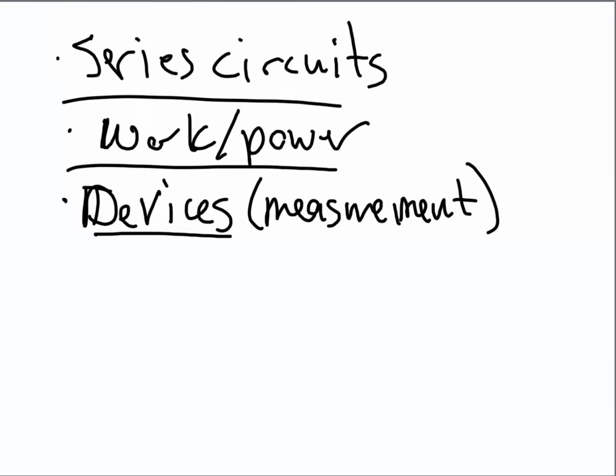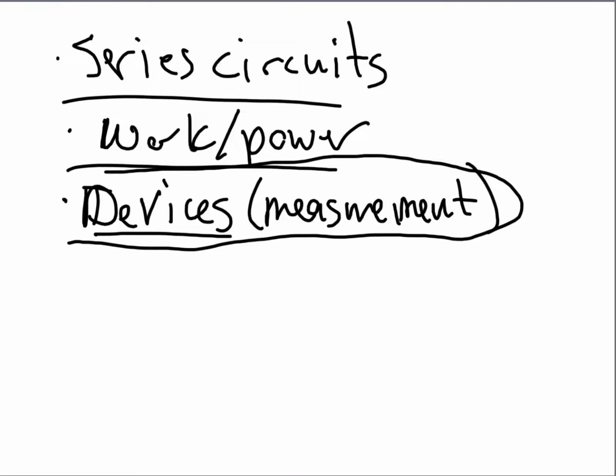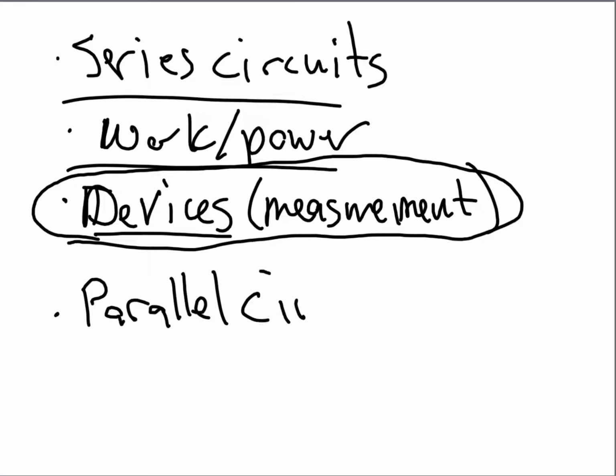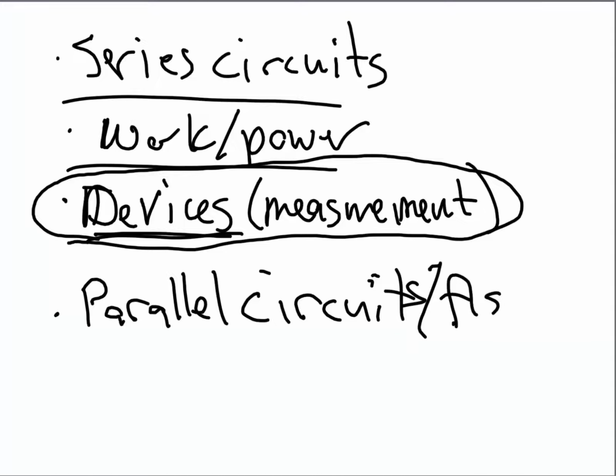I know I mentioned them briefly in my lesson about series circuits, but we're going to talk about them in more detail. This one, there won't be an assignment necessarily for it. I'm just putting it out there so that when I start mentioning it on Wednesday, when we start talking about what's known as parallel circuits, you guys will have an idea what I'm talking about. After parallel circuits, or on the same day as parallel circuits, I'm going to give you an assignment.